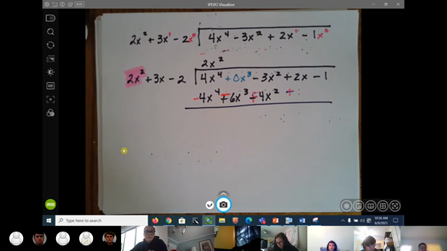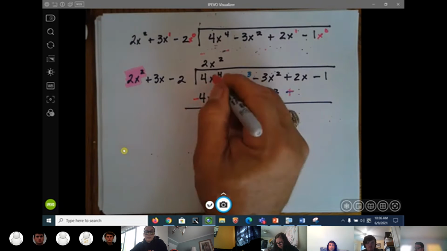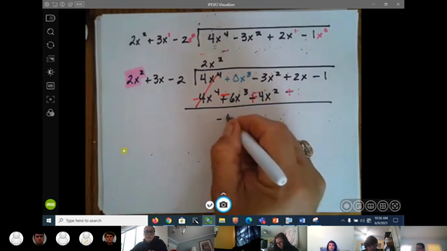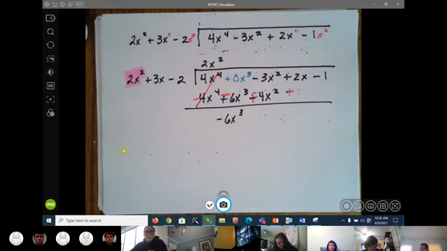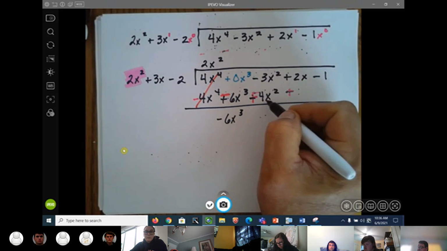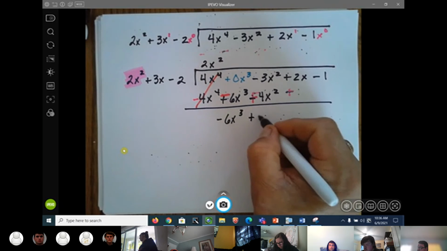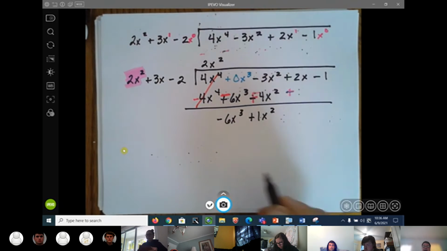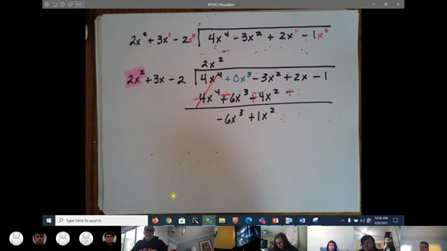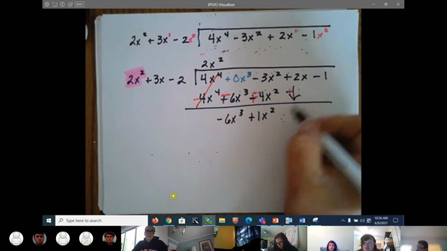And of course, the first column should always cancel. And 0 minus 6x cubed is negative 6x cubed. Negative 3x squared plus 4x squared is 1x squared. I'm only adding these coefficients and variables to the people that need it. You don't have to write them if you know what you're doing. And plus 2x comes down.